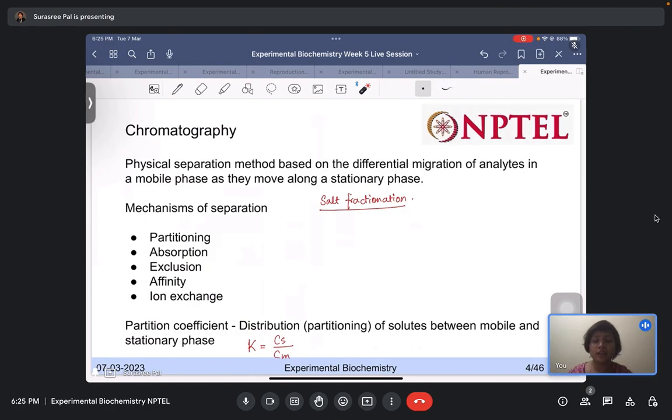There can be another method which is salt fractionation. What happens in salt fractionation is that at low ionic strength of salt, increasing salt concentration tends to increase the solubility of the protein. This is called salting in.